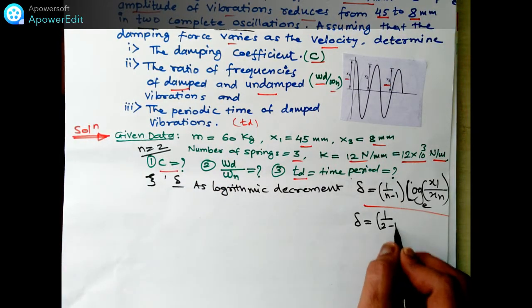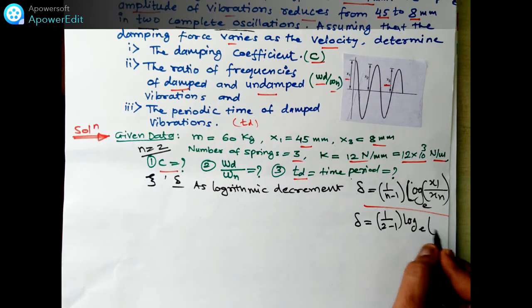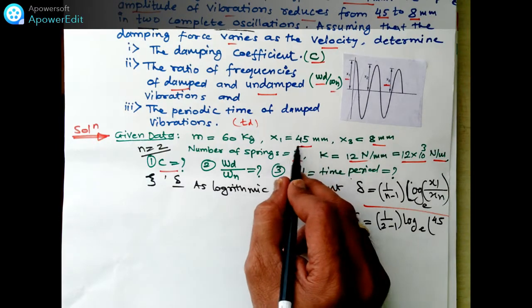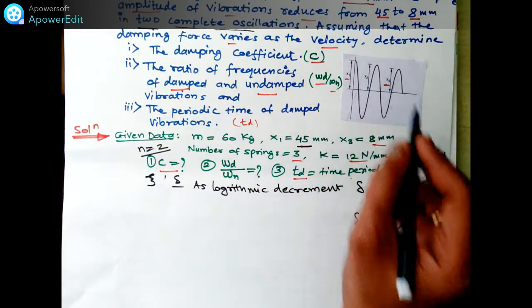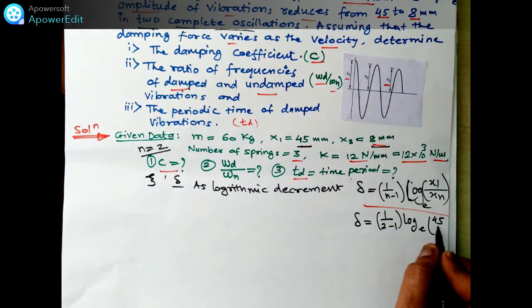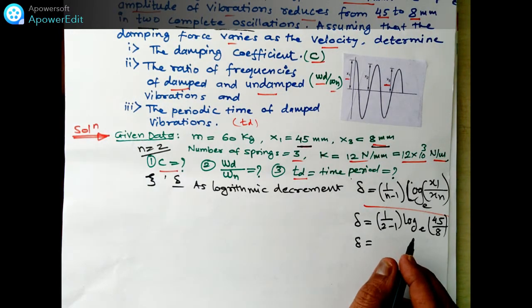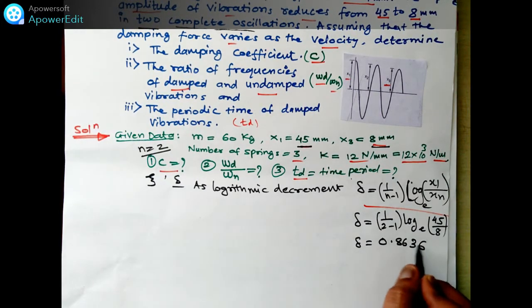So 1 upon 2, log to the base e of x1 by x3. The value of x1 is given 45 and x3 is the last value, 8 millimeter. So 45 by 8. So this value of delta becomes 0.8636, which will be beneficial to you to calculate the zeta.